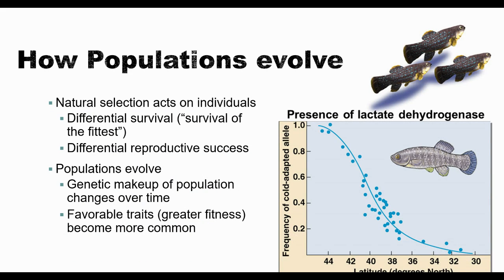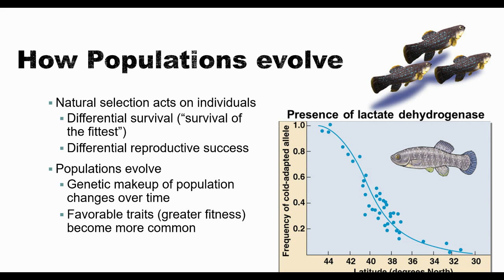All right, and now we're going to talk a little bit about how populations evolve. So natural selection acts on individuals. So remember, natural selection acts on individuals by causing them to have differential survival and then differential reproductive success. But the population is what evolves. So the population is our genetic makeup of the population, the total population genes there over time.